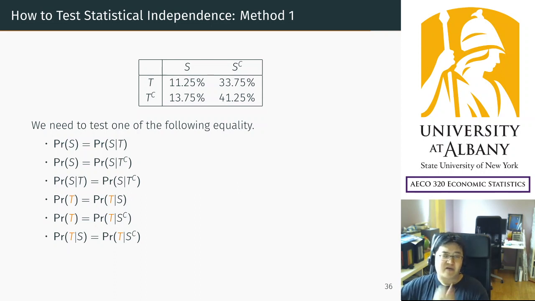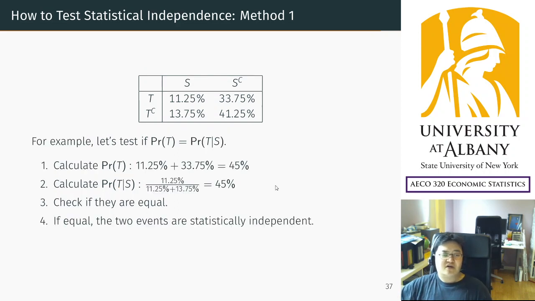It does not matter. In the end, if one of the equalities is violated, then automatically the other equalities are violated, and vice versa. If one of the equalities holds, then automatically the other equalities should hold. So just choose whatever you want, whatever is given to you, or whatever is most convenient to calculate, and do that.